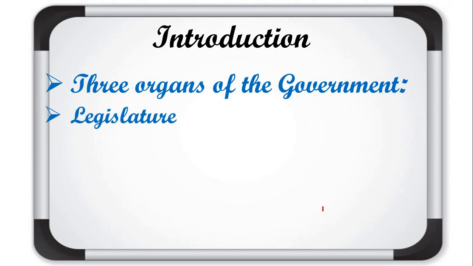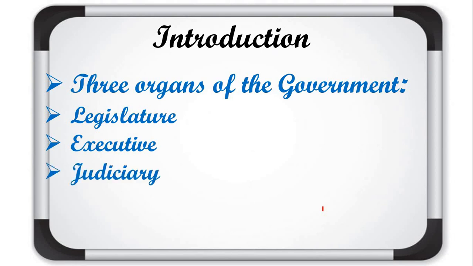First one, legislature; second, executive; and third one, judiciary. In our previous chapters we have studied about two organs of the government, legislature and executive, and in today's lecture we will study about the third organ of the government, that is judiciary.